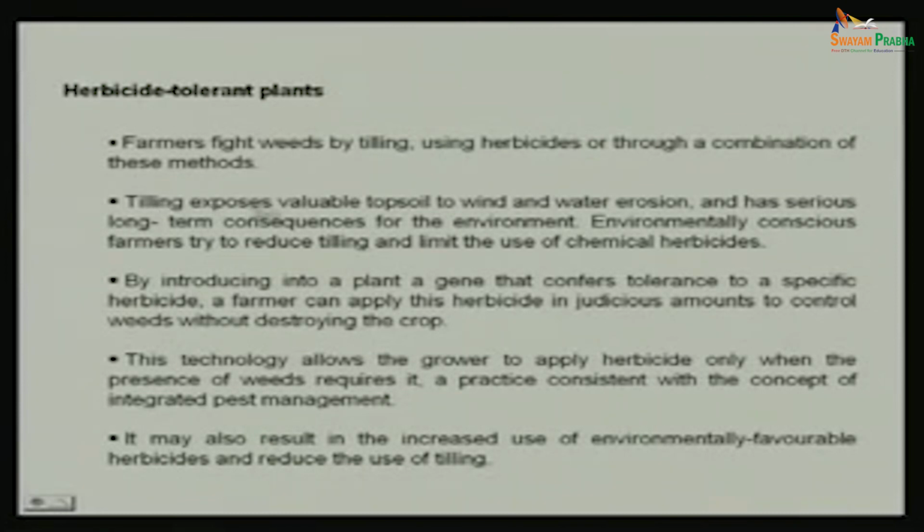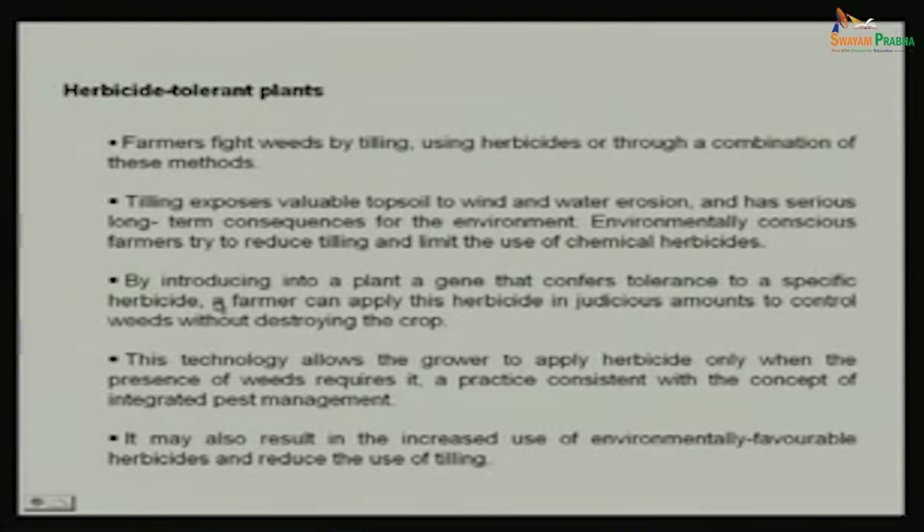Tilling exposes the valuable topsoil to wind and water erosion and has serious long-term consequences for the environment. Environmentally conscious farmers try to reduce the tilling and limit the use of chemical herbicides.